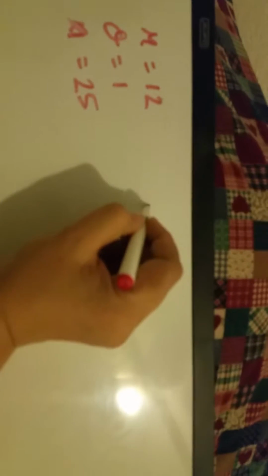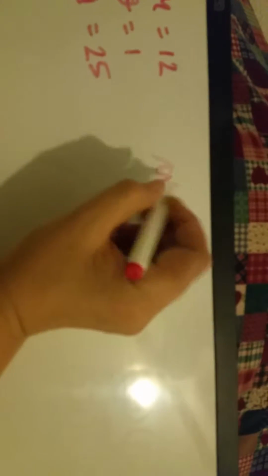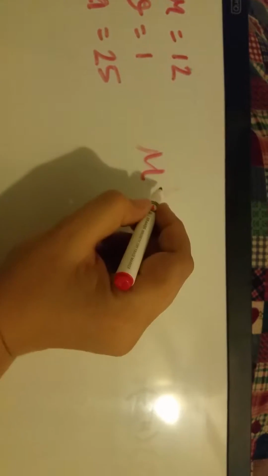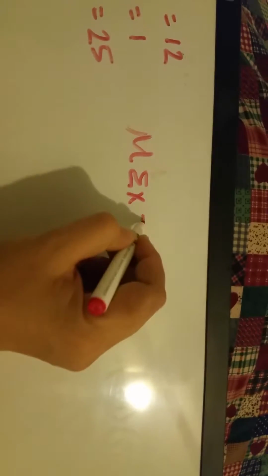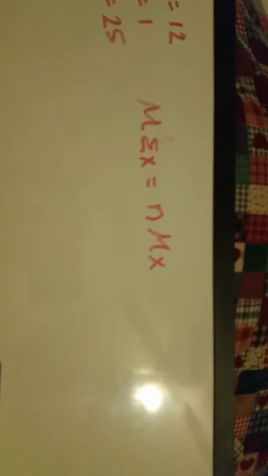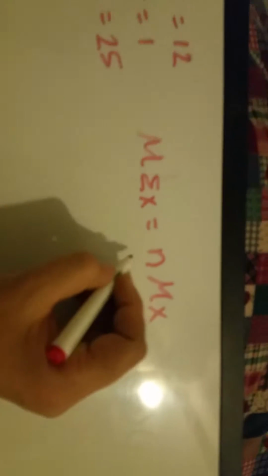Okay, so what is the mean of the sum of X? Let's see, we got this formula. Mean of the sum of X equals the count, the mean, and X. Basically what we're going to take is the count.